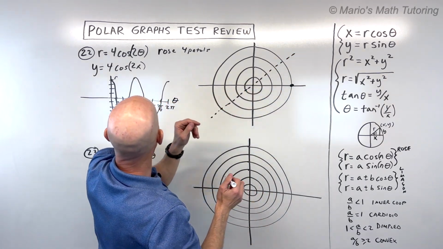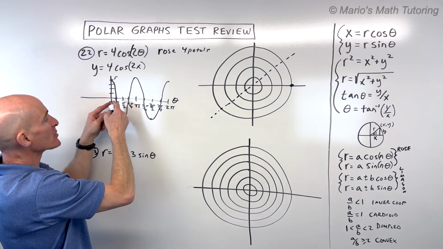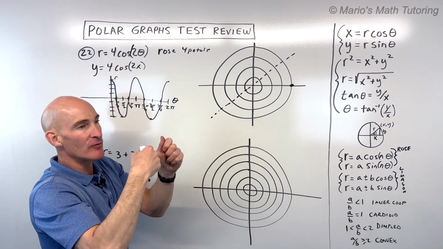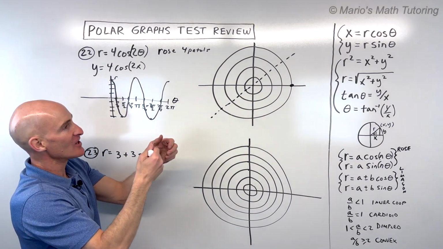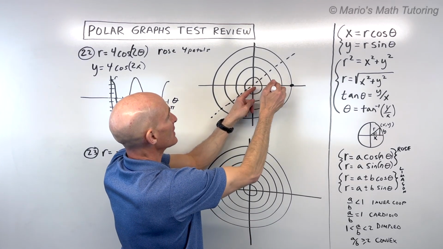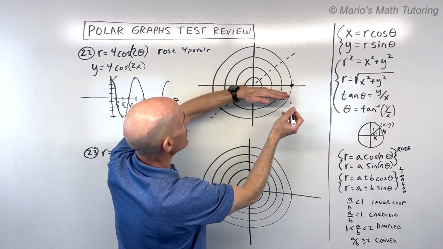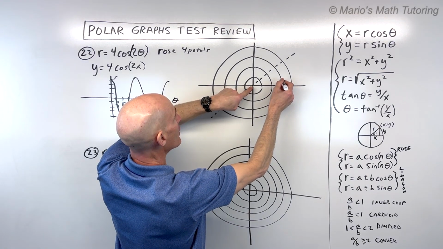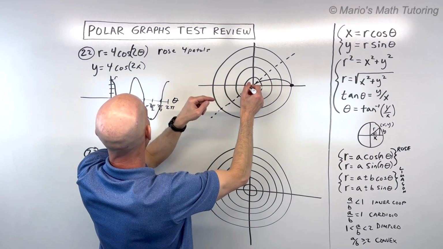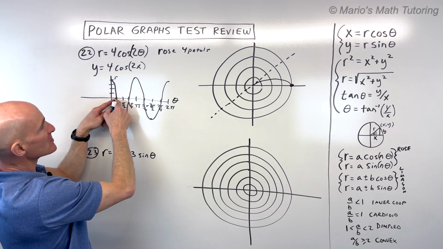At pi over 4, the r value is getting smaller and smaller. It's almost like if you're a fisherman, you're reeling it in, you're magnetically pulling it in. So it's turning, but at the same time it's getting shorter, that r, so it goes like this. So that's this point right here, pi over 4 is 0.